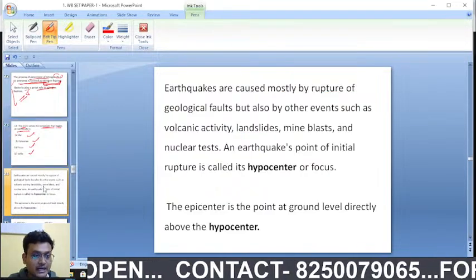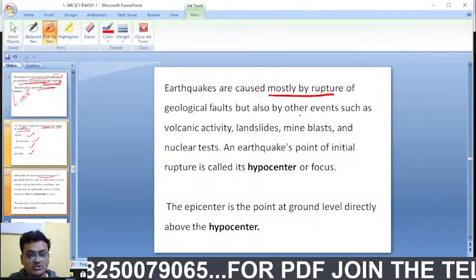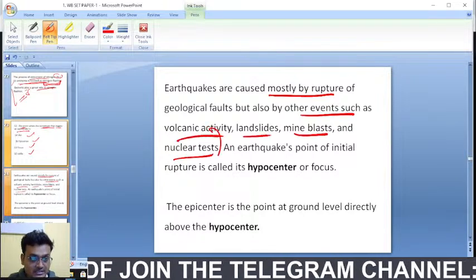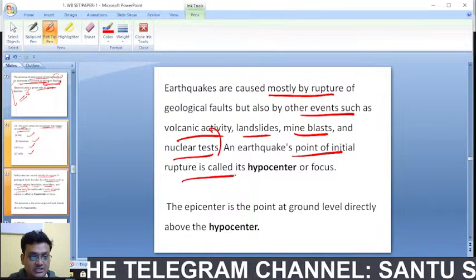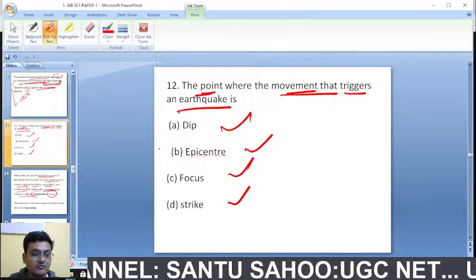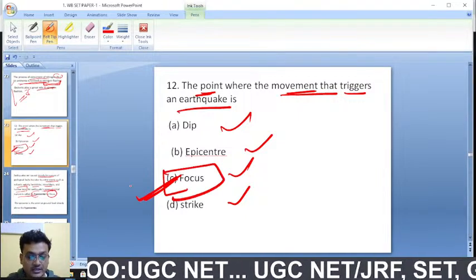Here you see that earthquakes are caused mostly by rupture of geological faults, but also by other events such as volcanic activity, landslides, mine blasts, nuclear tests. An earthquake's point of initial rupture is known as hypocenter or focus. C is the answer.